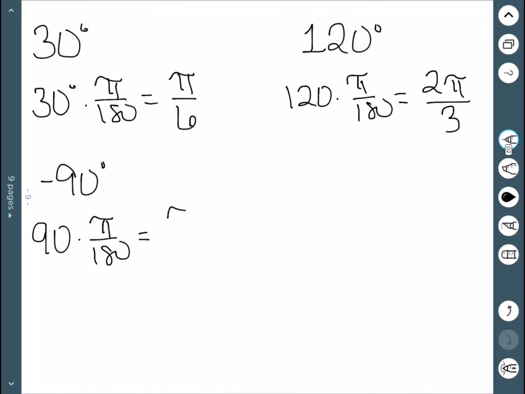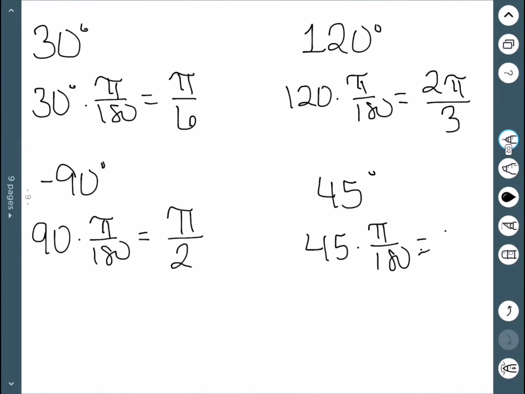And 90 over 180 is 1/2, so pi over 2. We could also do negative 45, or positive 45 rather. 45 degrees. Once again, multiplying by pi over 180. And 45 over 180 actually gives us 1/4. So we have pi over 4.